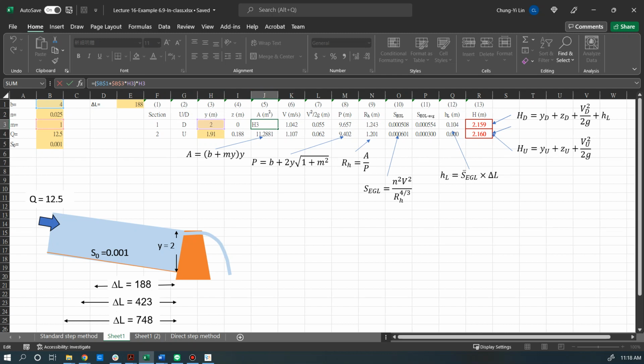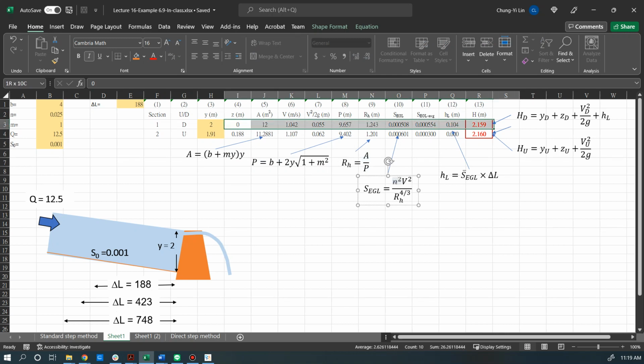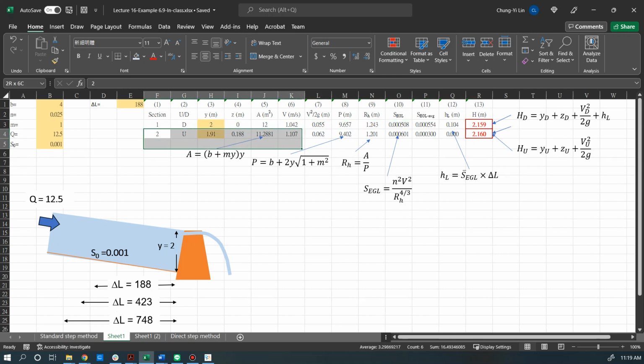I'm not going to repeat why we have those equations. You just need to follow them and you can solve the rest of the terms for this column.